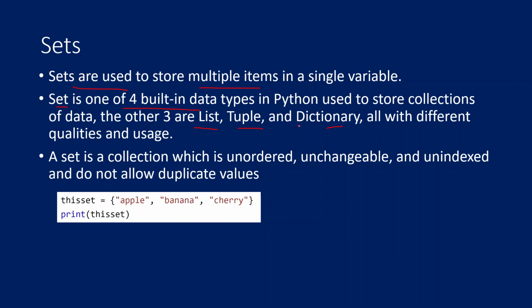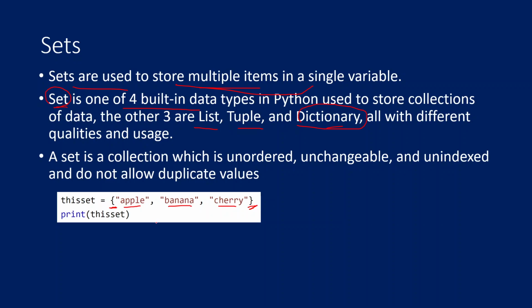Dictionaries we will discuss in an upcoming video. The syntax uses open and close curly brackets with your items between them, like the strings apple, banana, cherry. This is how you declare a set.